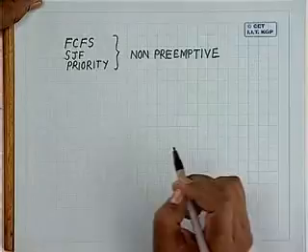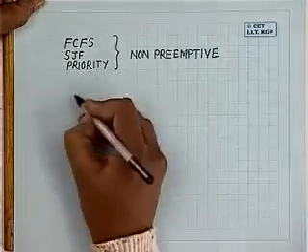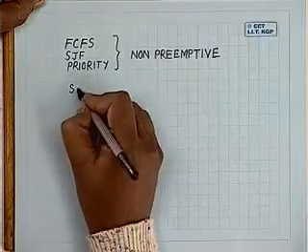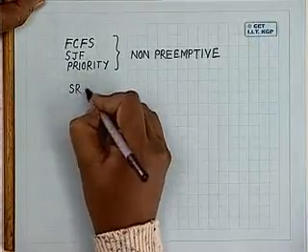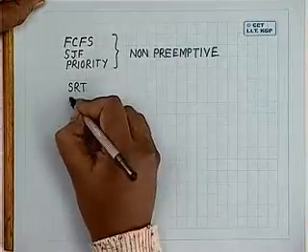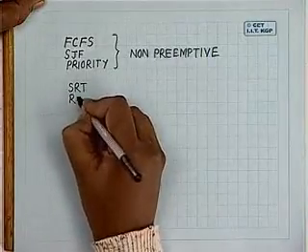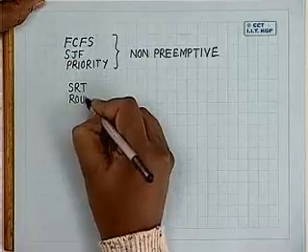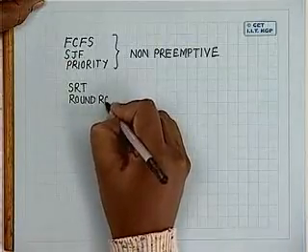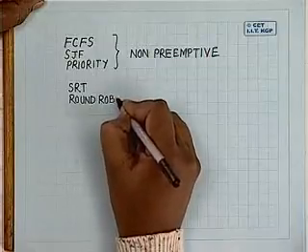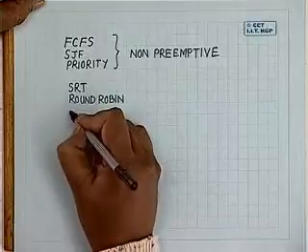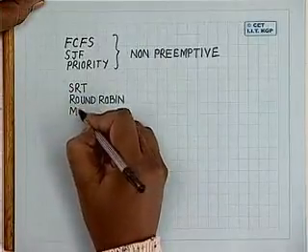And among the other category, we have talked about the shortest remaining time first scheduling, SRT, and we have also talked about the round robin scheduling, and we have also talked about the multi-level feedback queue.